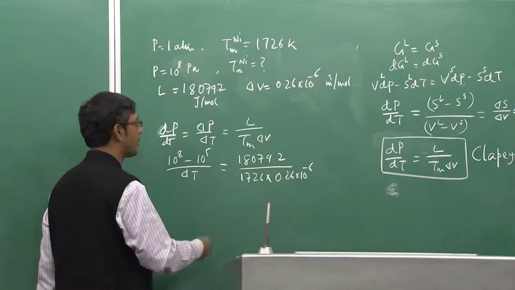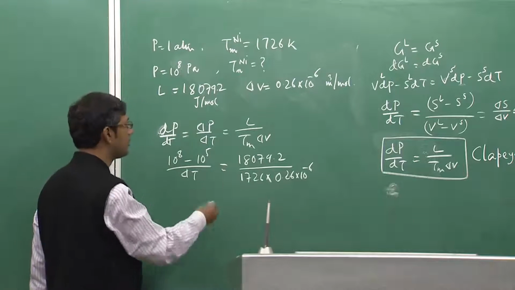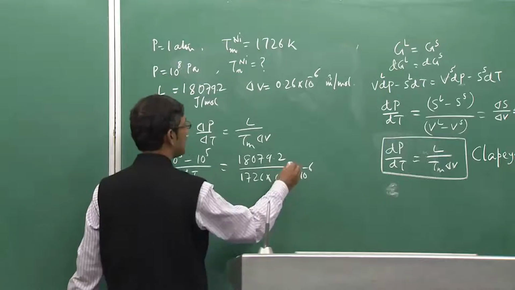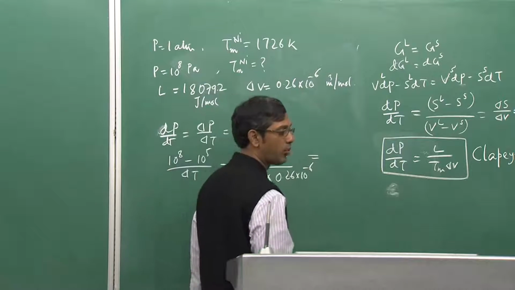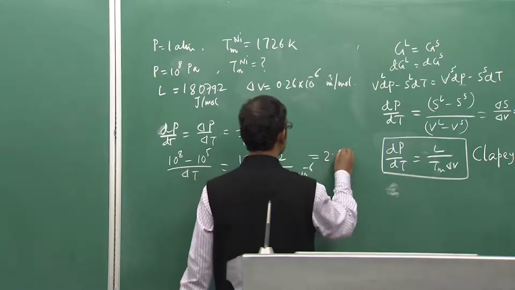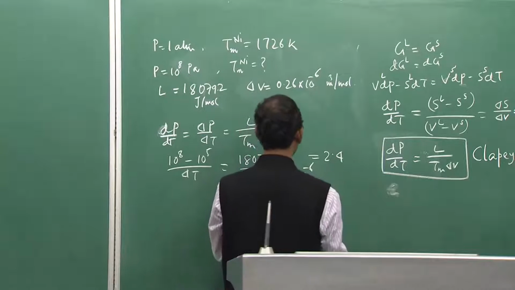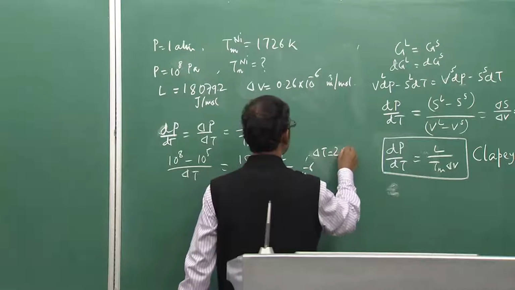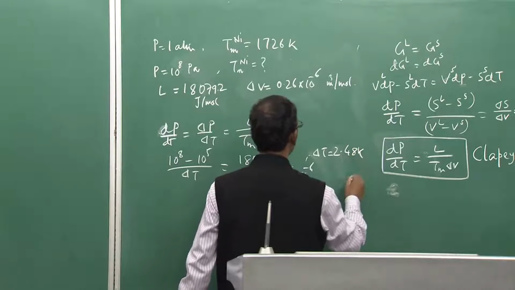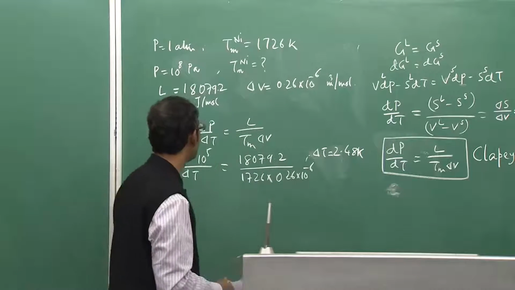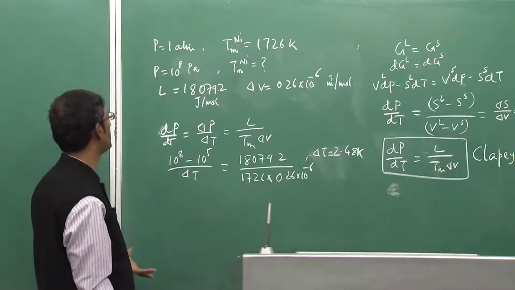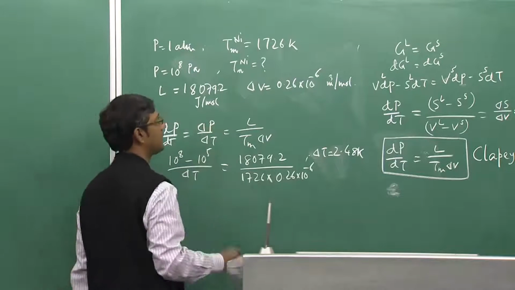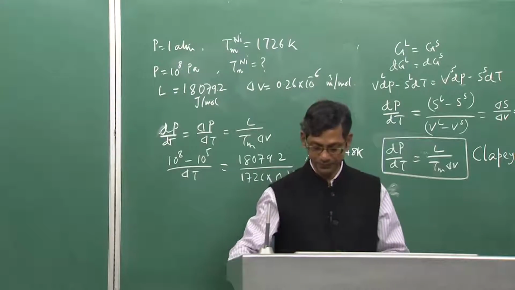You can put down all the units. The value you will get is, I think, 2.48 Kelvin for delta T, if you do the maths properly. That is how it can be solved. This is a very easy problem, a good way to test one's knowledge.